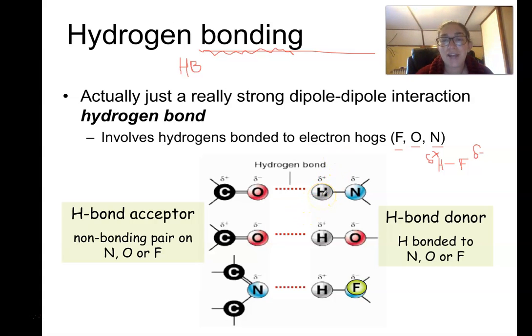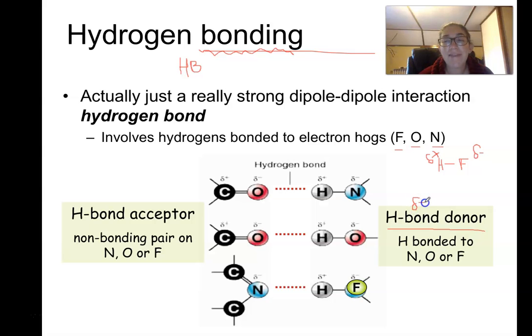So in order to hydrogen bond, you sort of need two partners, two to tango. And so the first thing you need is a hydrogen that's highly positive. We call that a hydrogen bond donor. So it's a hydrogen that's bonded to an N, O, or F, as you can see here. So HN, HO, or HF. You need to have a very positive, partially positive hydrogen.